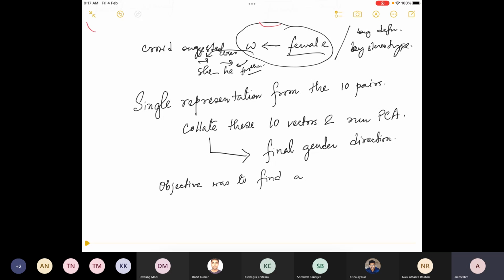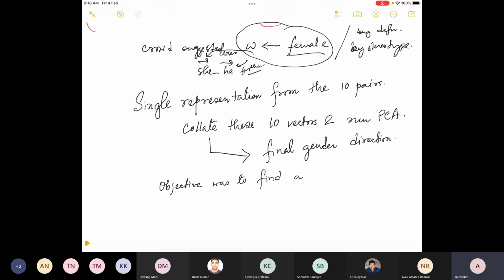If you think logically, what are these, she minus he, her minus his? What are these individually? The gender subspace. The gender direction.